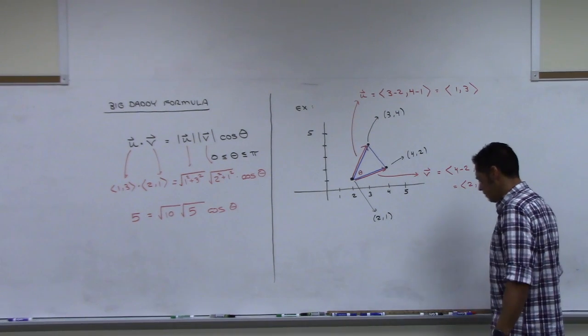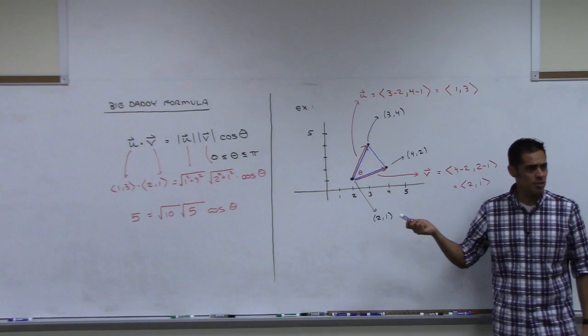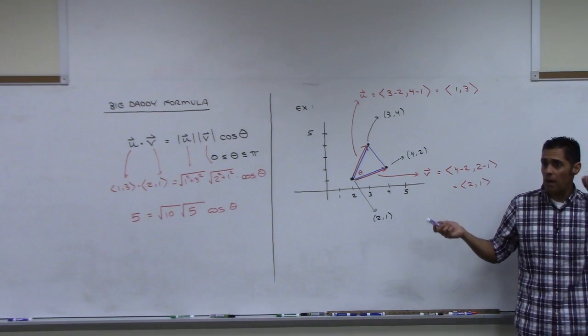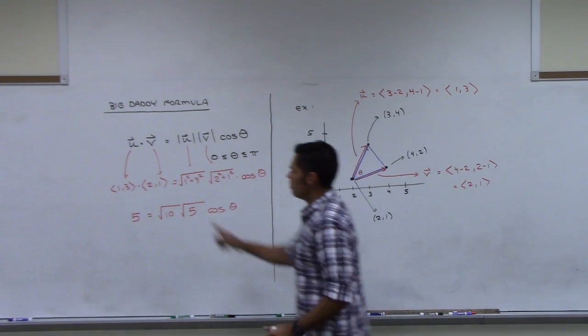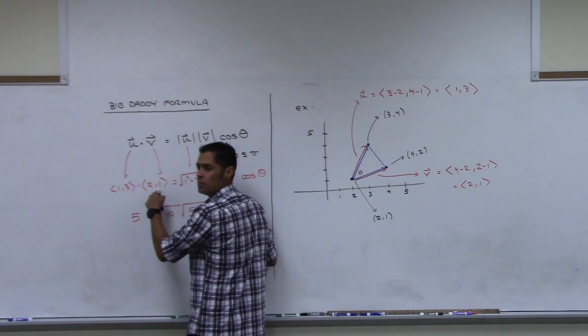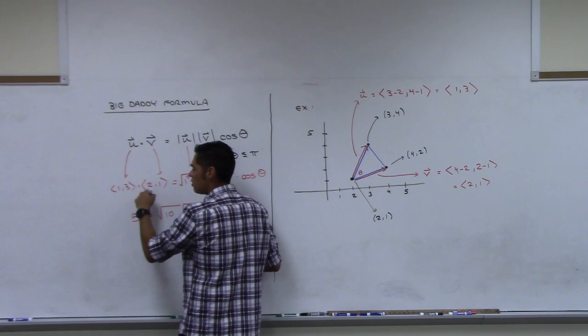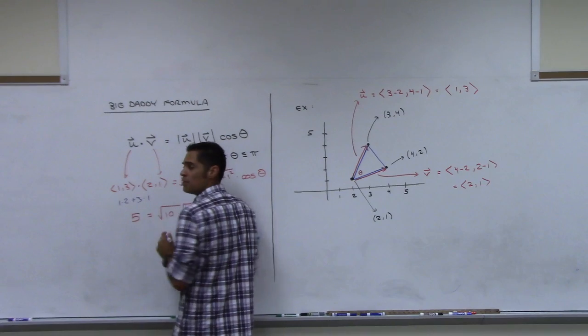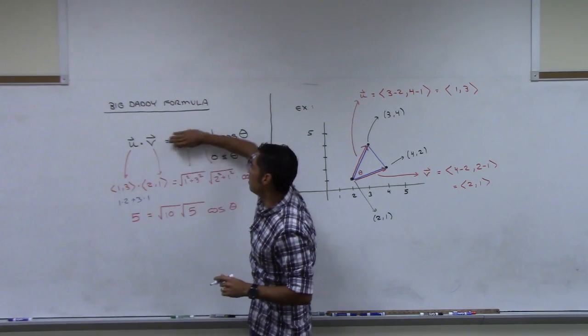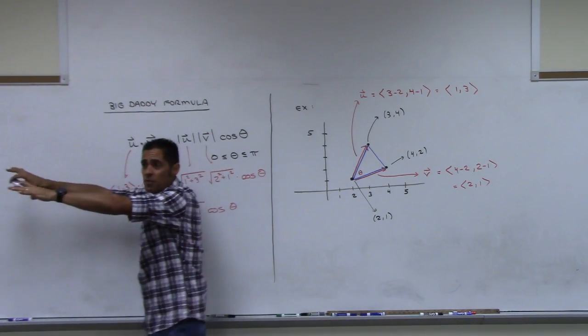Are y'all all right? You following the computations here? Sorry, for 5 equals, how do you get 5 again? When you do the dot product, you're doing 1 times 2 plus 3 times 1. Right, that's what we just talked about, dot product. Not this formula, the first formula I gave us for dot product.